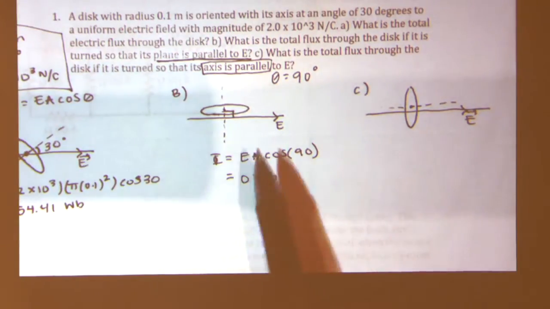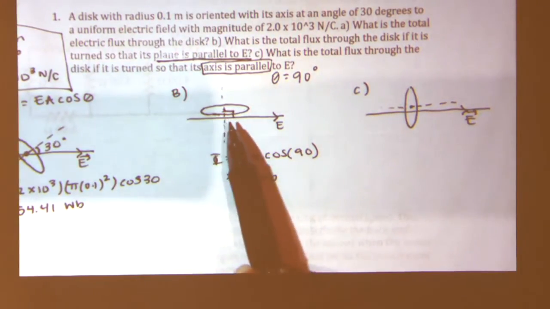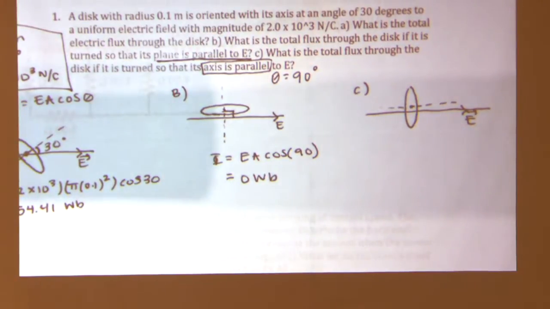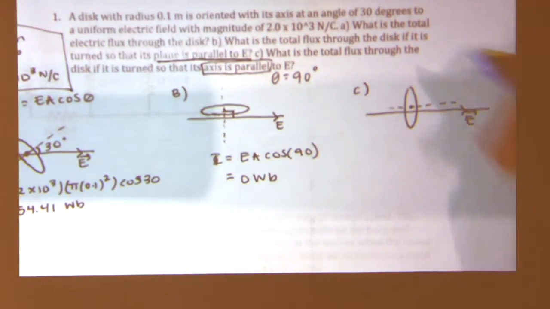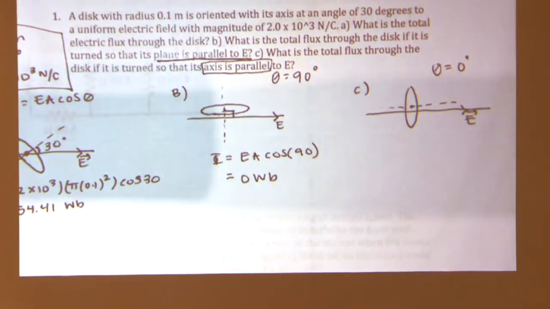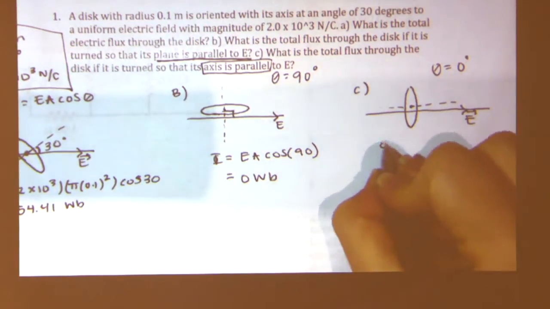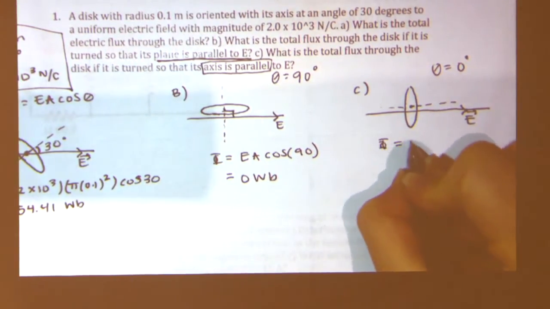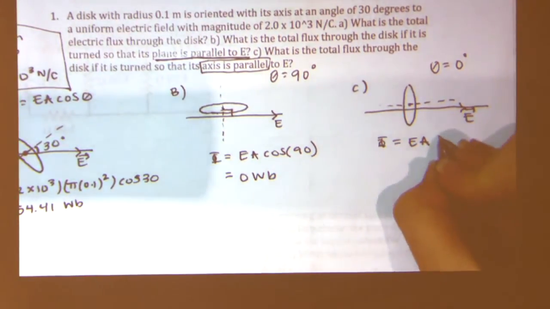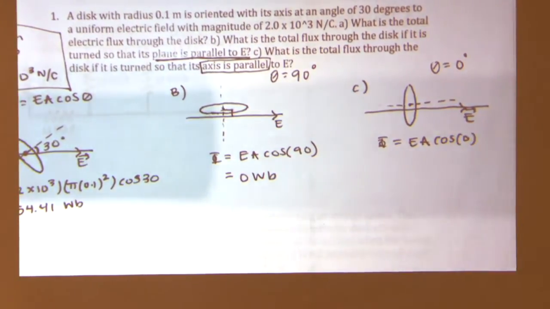So now if we look back at B, we said that this was 90 degrees. So over here, now the axis, there's no angle between them. So our theta will be 0 degrees. And we know cosine of 0 is just 1. So basically you can just say phi is equal to E times A. So that cosine will cancel out to be 1.